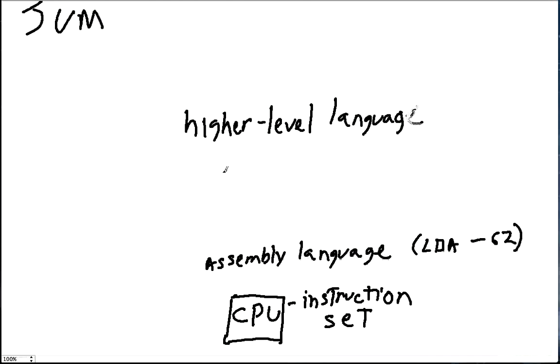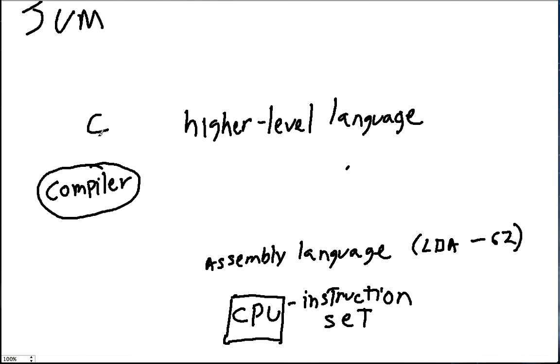So one example would be the C programming language, and that C programming language then gets turned into assembly language. What they did was they wrote another program called the compiler. The compiler is a program that takes as input a C program and outputs the assembly language or the machine code that then runs in the CPU.